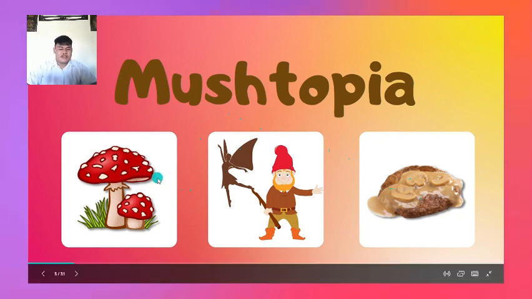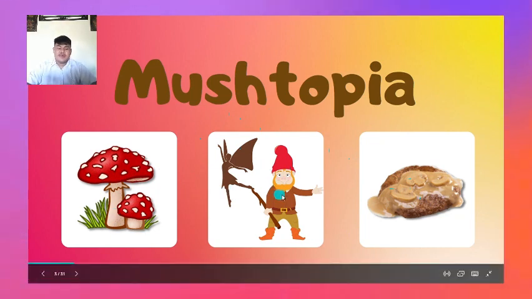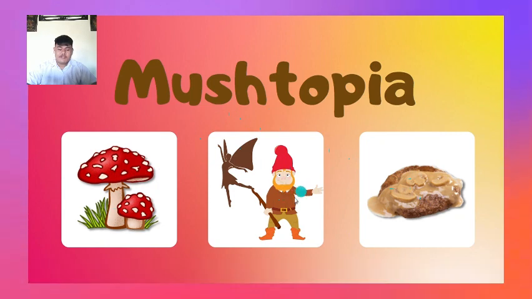And the second one is the mushroom that represents the architectural designs, the infrastructures inside the city of Mushtopia. And lastly, this is the dwarf and the fairy that represents the citizens of the city.